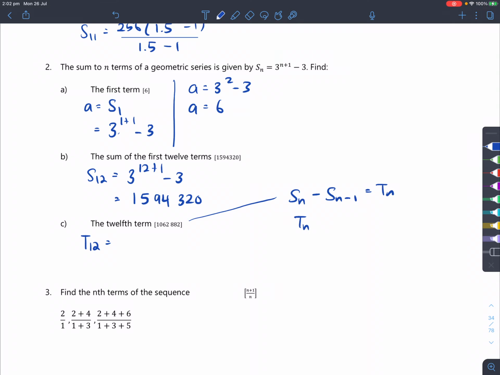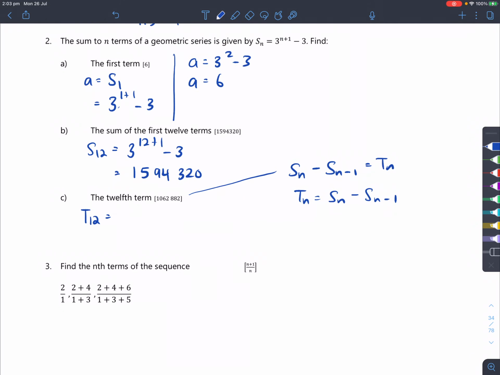So Tn equals the sum of n terms minus the sum of n minus 1 terms. In this case, T12, the 12th term, is the sum of the first 12 terms minus the sum of one less term than 12, which is the sum of 11 terms.